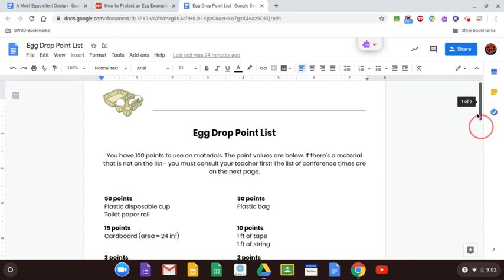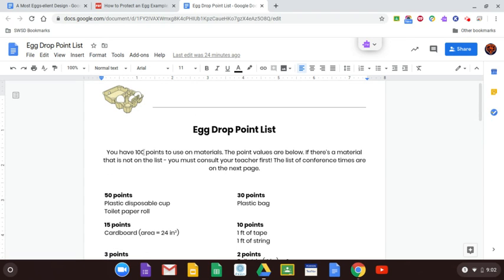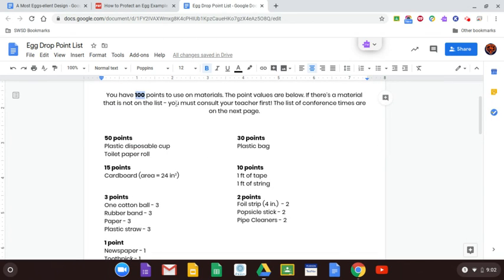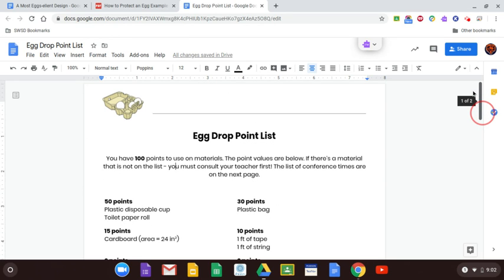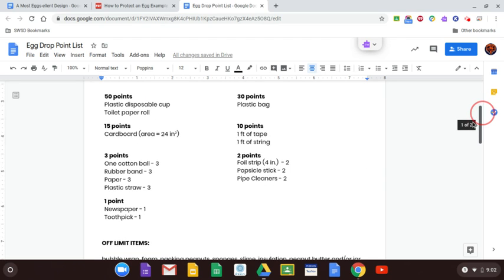You have a limit of 100 points that you can use on materials. No more, and you can use less. But you can't go over. So if you're choosing items that are worth too many points, that could be a con or a weakness for your design. So here is a preliminary list of items and their point values.